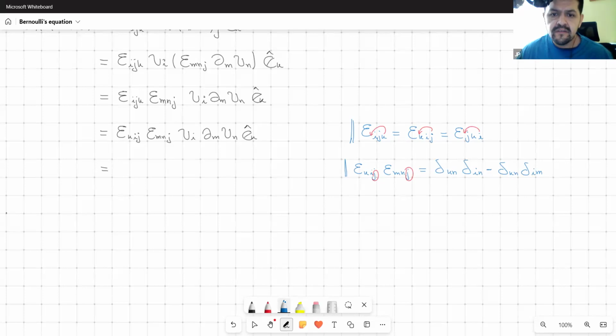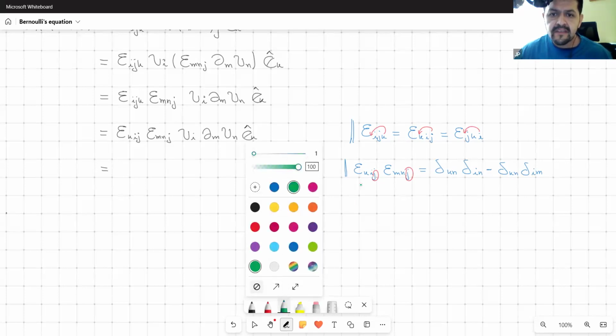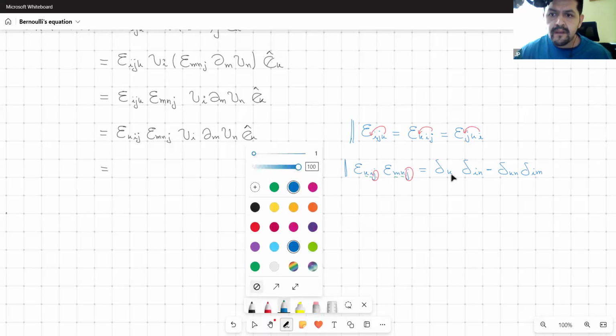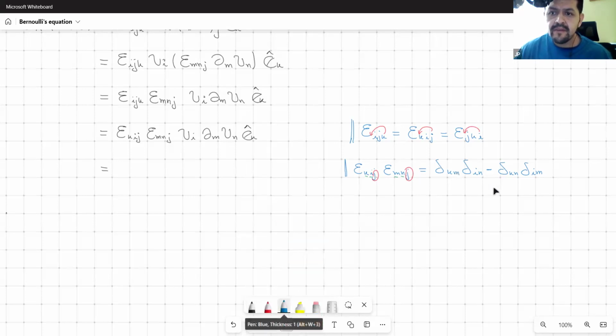Okay, so notice that the first one takes the first with the first, so I will have delta km. Then the second delta is in right here. And then we swap between m and n. So you have kn, km, sorry, there was a small mistake here. This is km and in, okay? So that's essentially it.